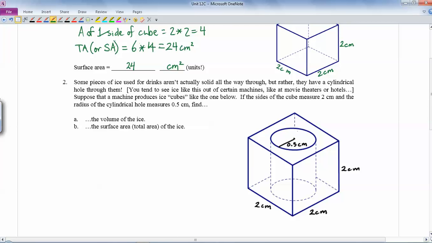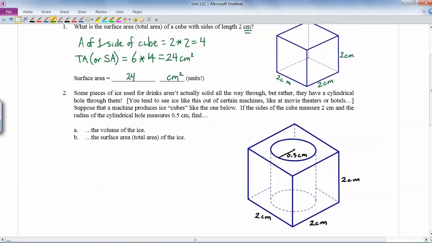I don't know if you've seen these types of ice cubes, but you see them at movie theaters or at hotels a lot of times, the ice that has the holes in them. So in this, it's really the same cube that we had in number 1, except now that I've drilled that cylindrical hole out of the middle of it.